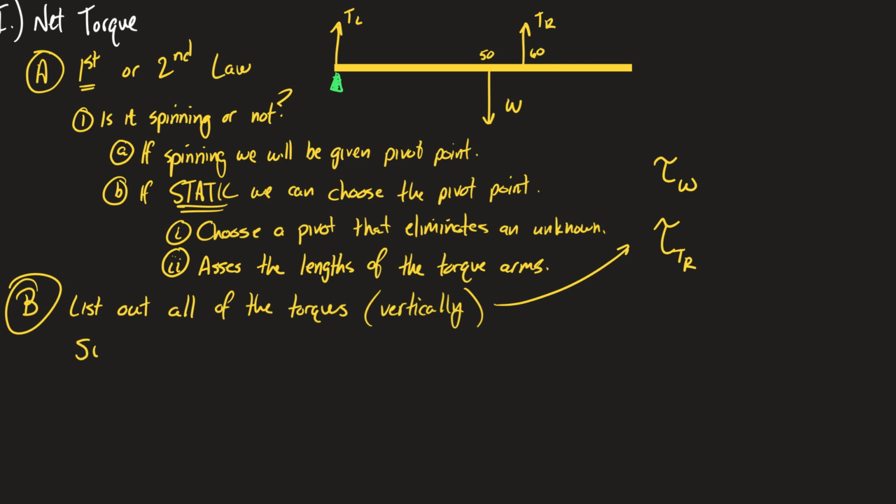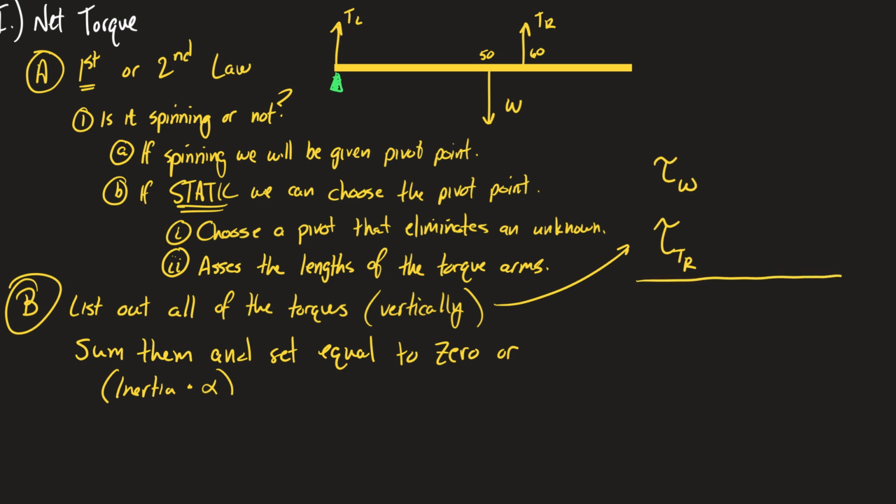And then in the future, we're going to have more to this, so I want to make this flexible for us. If our system is accelerating, then we would set this equal to inertia times acceleration. But right now, we're doing static problems, so this will be set equal to 0. And I mean physically draw a line, put a plus sign, and remind ourselves, does this equal 0?